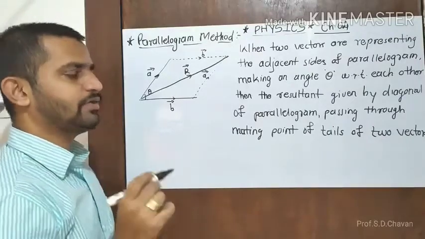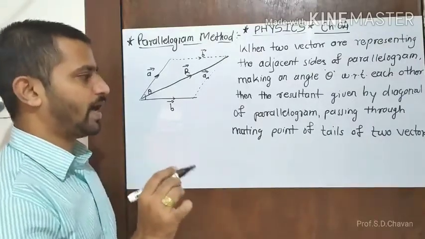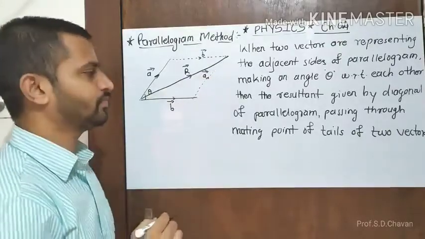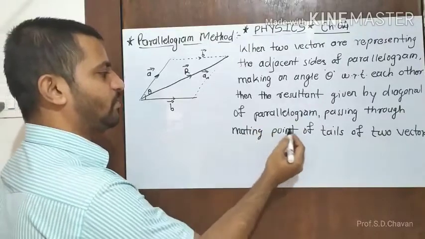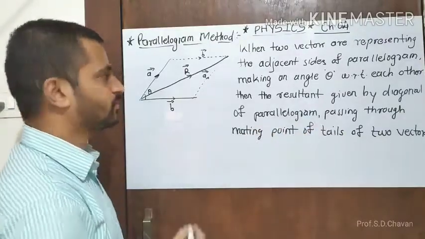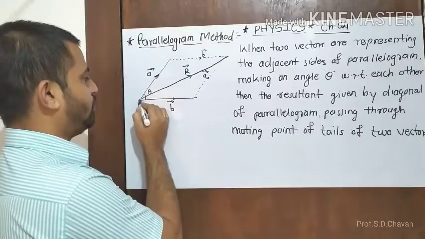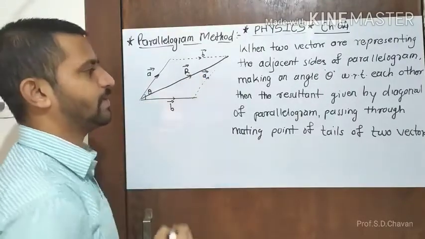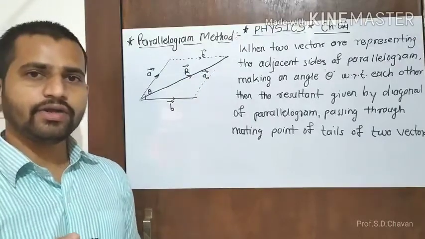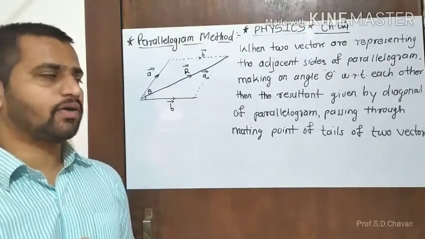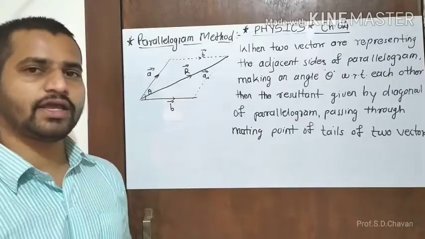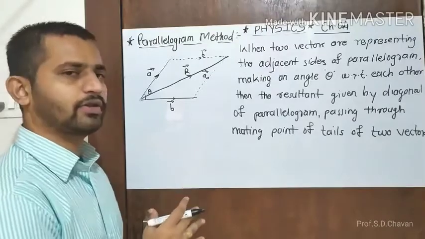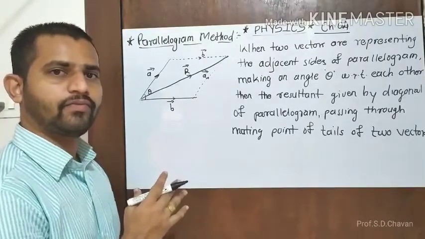Then the resultant is given by the diagonal of a parallelogram passing through the meeting point of tails of two vectors. So this vector R represents the diagonal of a parallelogram or the resultant of the vector A and vector B. Okay, so this is the statement for the parallelogram method of vector addition.